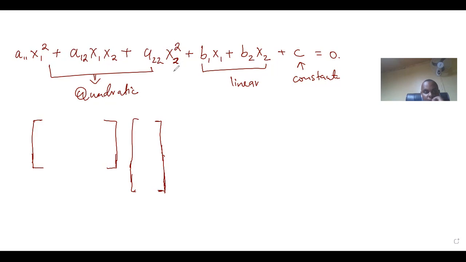So it means this one should be x, this one should be x. And then we can have x2, x2.